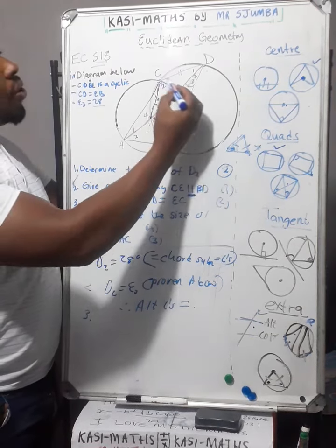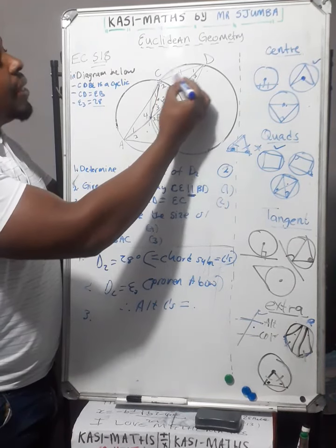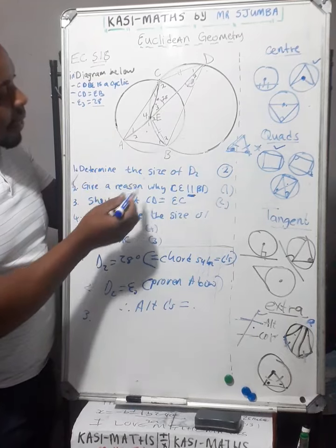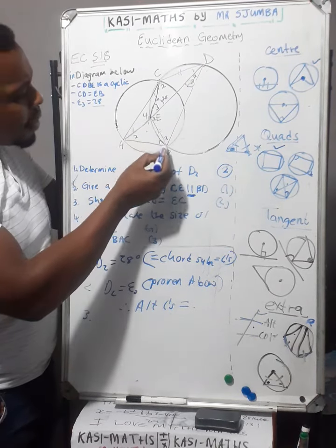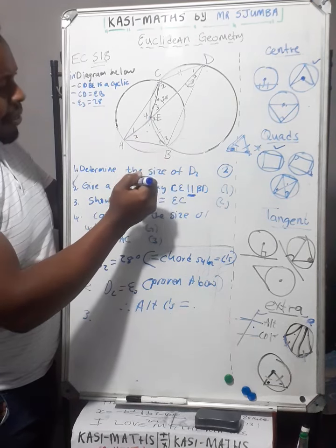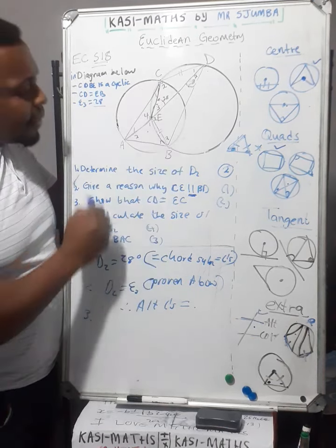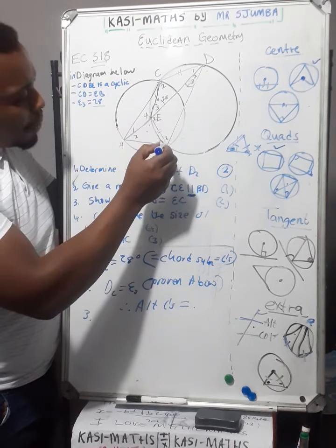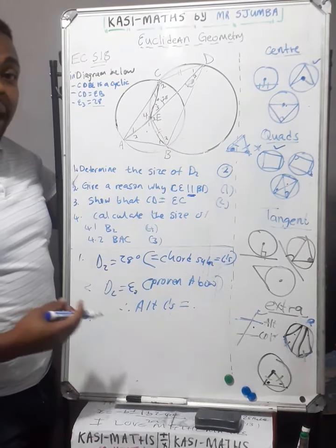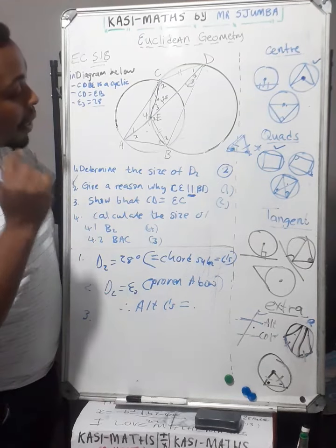Right? But when we look, CD is equal to EB, and when we look here EB is a radius. EC is a radius. So it means EC is equal to EB because they are radii. They are both radii.